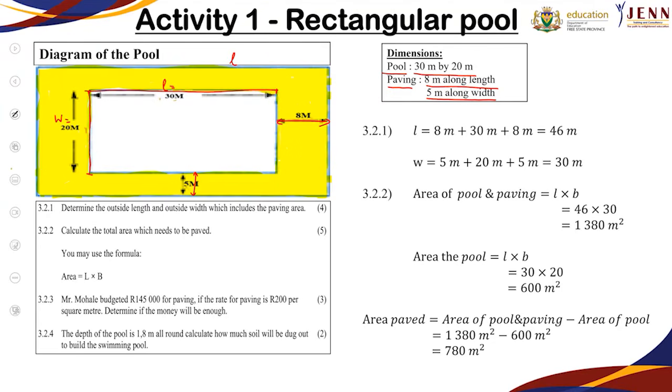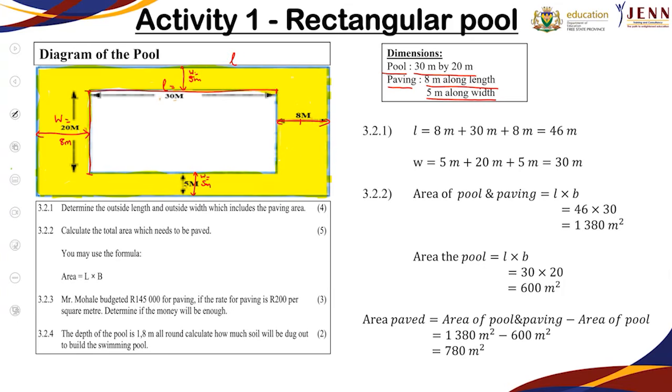So one thing we need to know, if one side is 8 meter, therefore the other side of the pool is also 8 meters. The sides must be the same. So if the width on this side is 5 meter, which means also on the other side, the top side of the pool, it's also 5 meters along the width for the paving. Okay.